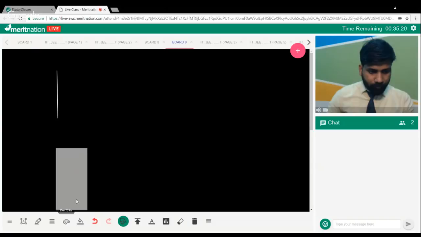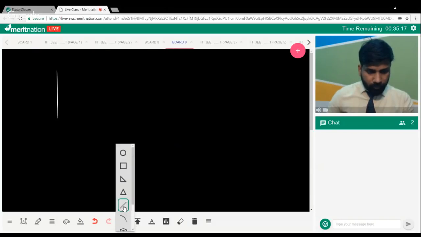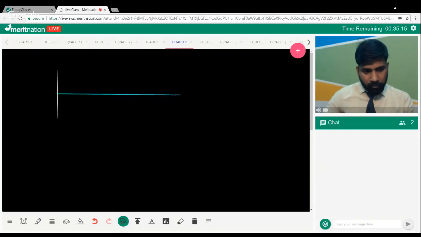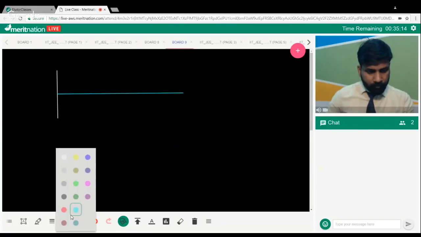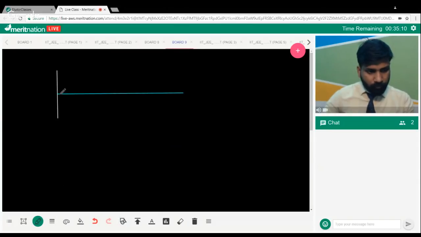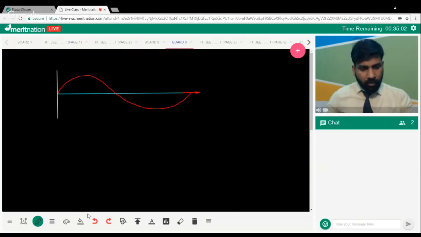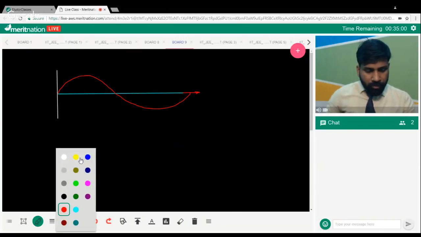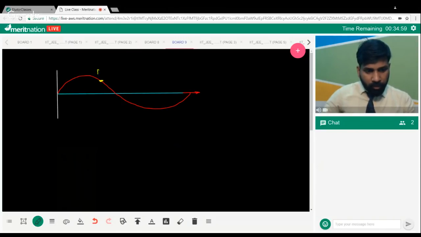Suppose this is our wave, and let's suppose that this wave is traveling in this direction. Suppose this is the particle P, and we have to find out the direction of motion of this particle. Suppose Vp is velocity of particle.